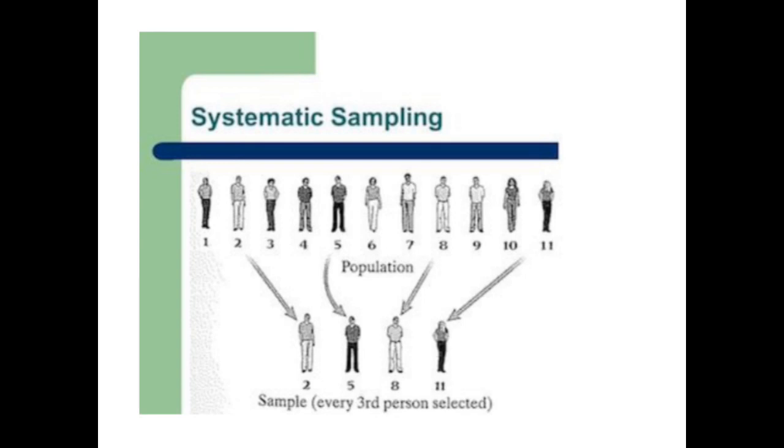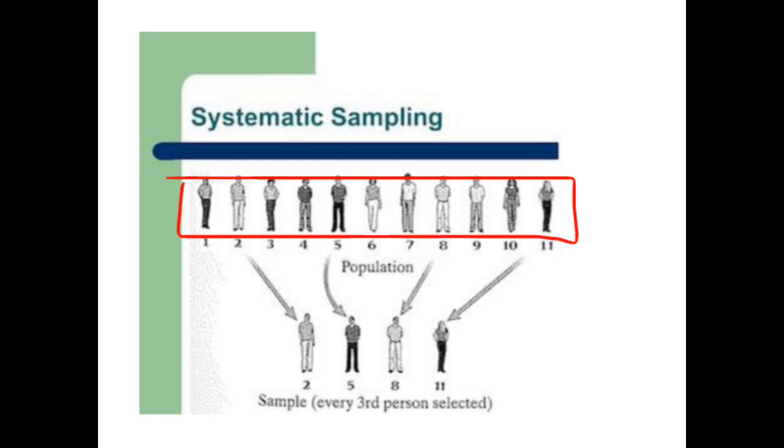A researcher selects individuals in a random way but at a regular interval. Remember, the arrangement of individuals has been done randomly. Then the researcher started with the second individual. Then he picked after every two individuals.